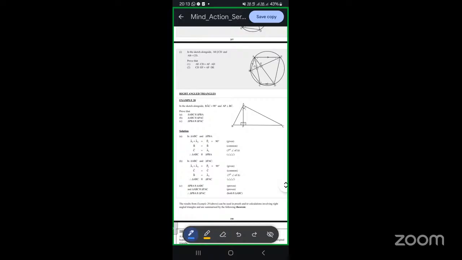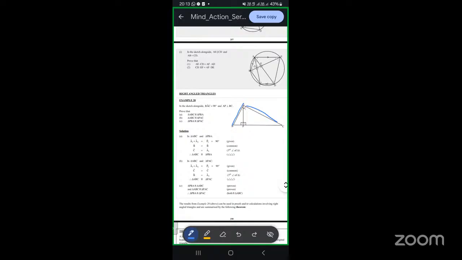Okay, from A to B, this line, and C. What's the reason, the theorem?